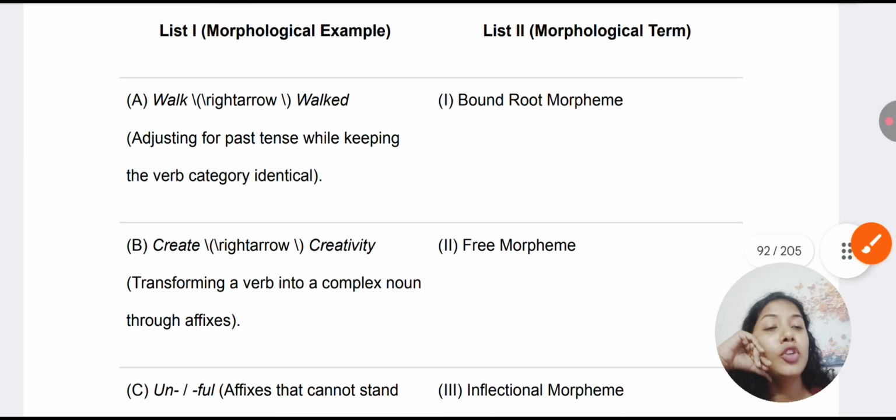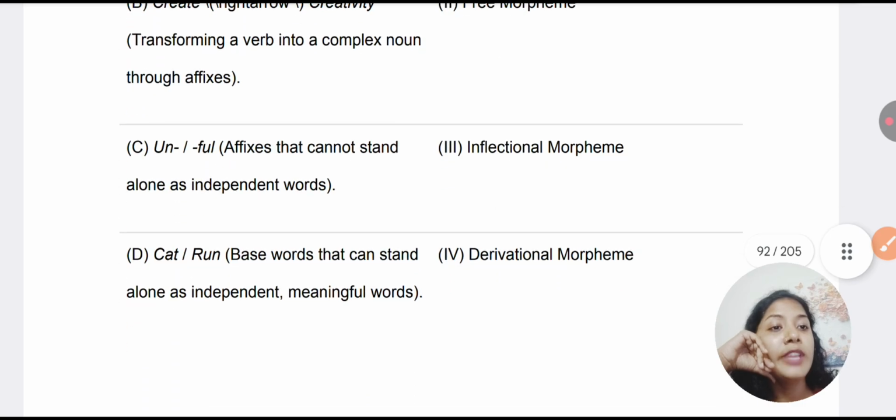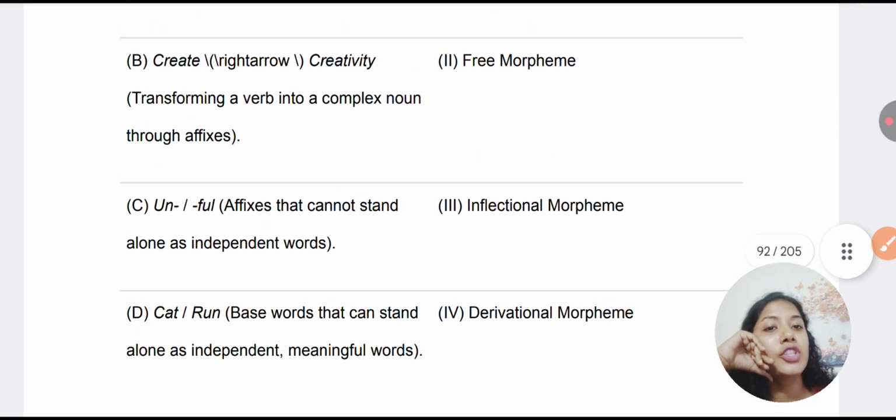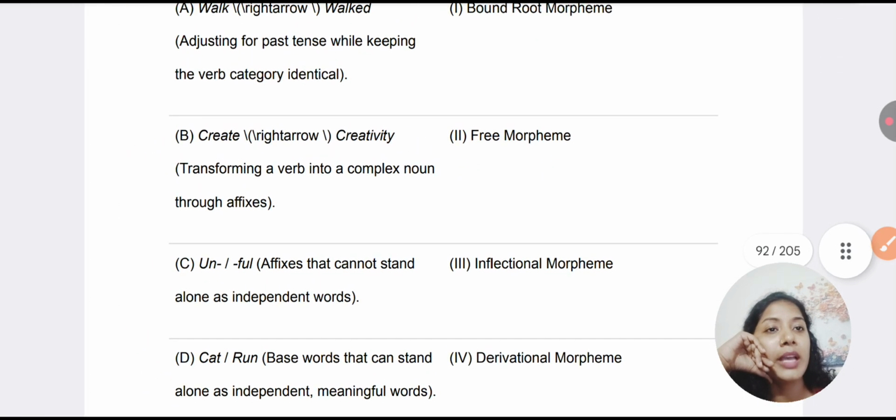Morphological terms and examples: you have to match bound root morpheme, free morpheme, inflectional morpheme, and derivational morpheme.